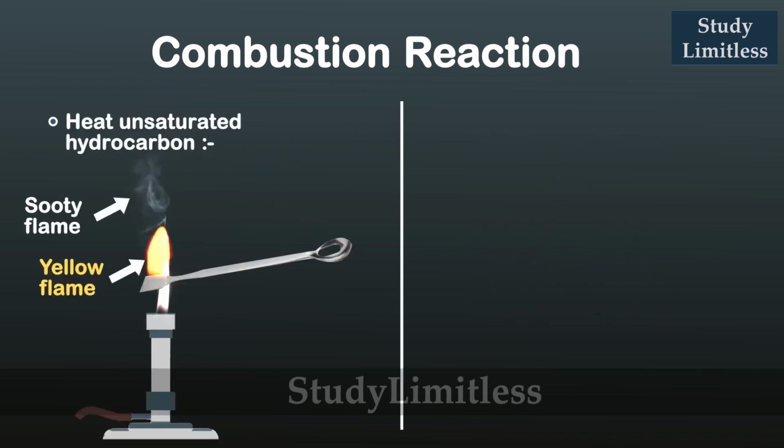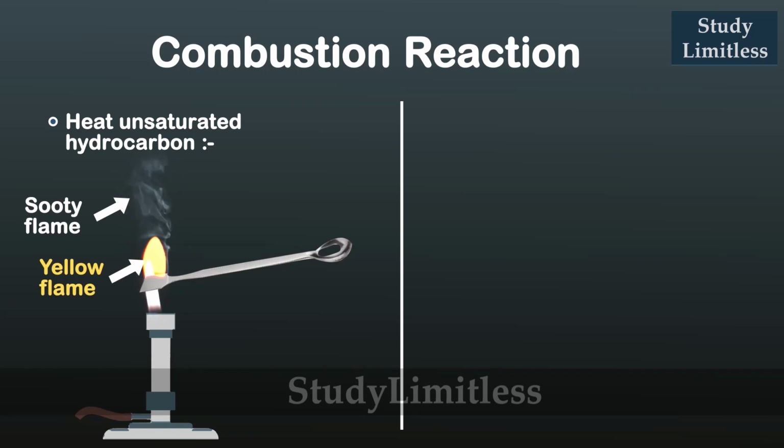Whenever you heat an unsaturated hydrocarbon, you get a yellow flame with some black sooty flame. Now, when you have a black sooty flame, this suggests that you have an unsaturated hydrocarbon.